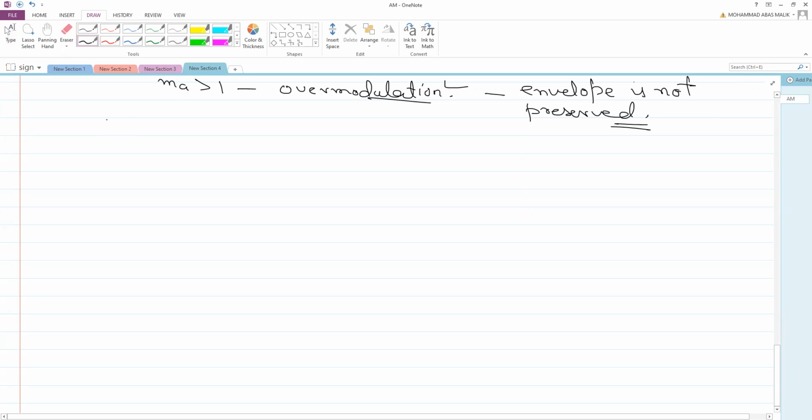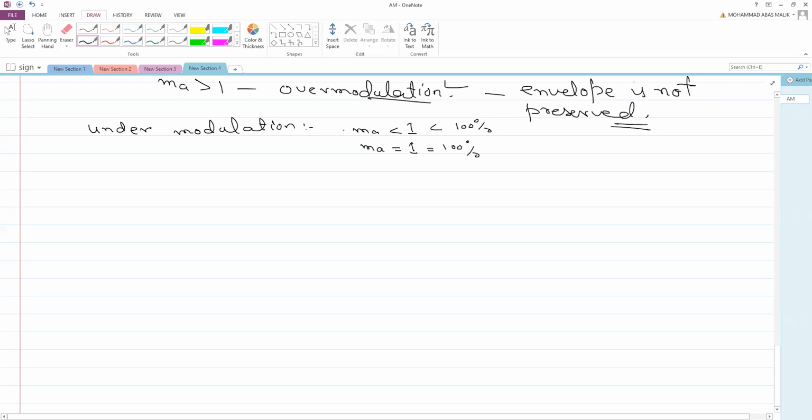So, suppose you have this. In case of undermodulation, or critical modulation: undermodulation is when your MA value is less than 1. If MA is equal to 1, that means the modulation index is 1 or 100%, or less than 100%.